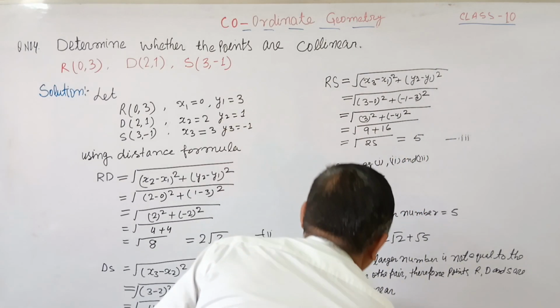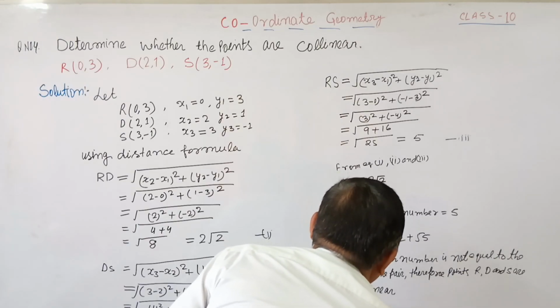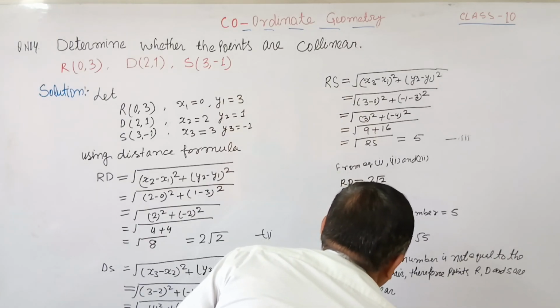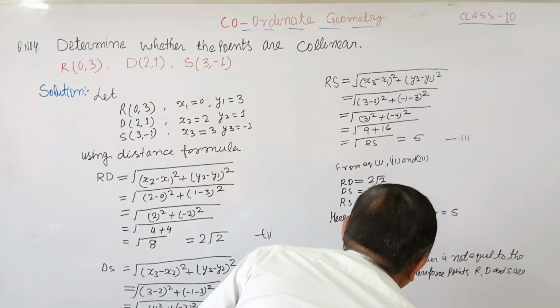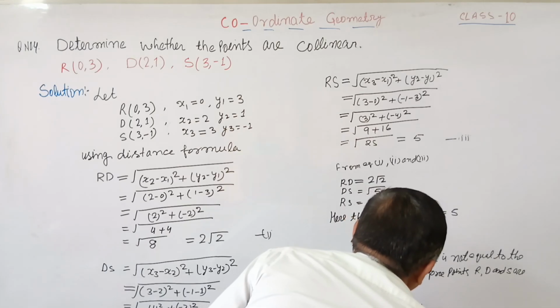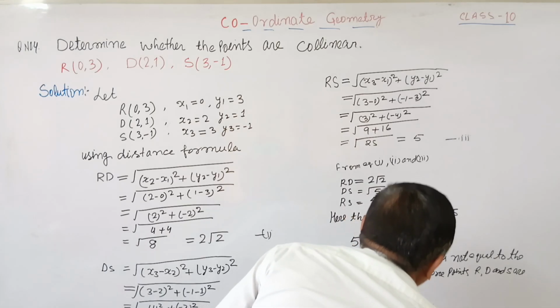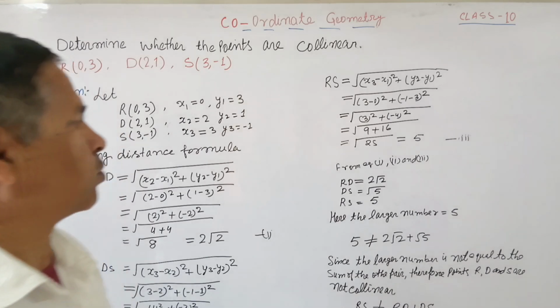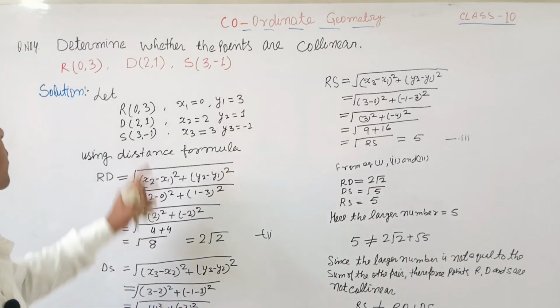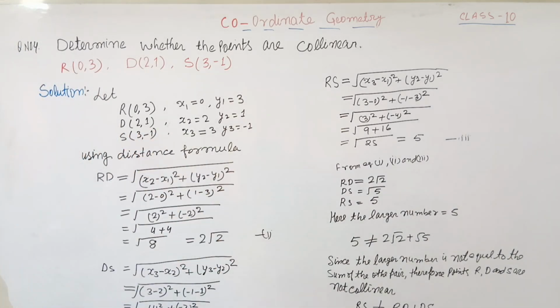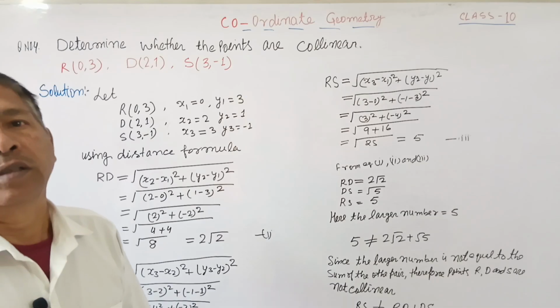So we can say similarly that RS is not equal to RD plus DS. In this way, this type of questions are solved. We have seen that these points are not collinear. Thank you.